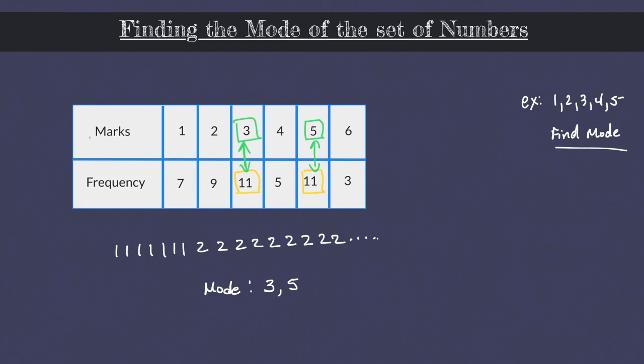So therefore, in this example, there is no mode. So in conclusion, you can have multiple modes, but you cannot have a situation where every number is the mode. In that example, you would have to say there is no mode.